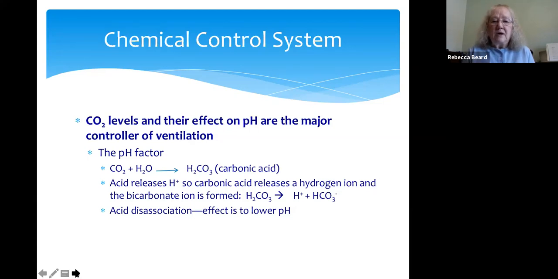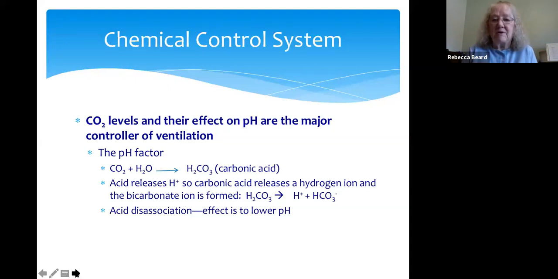So then the acid is going to release a hydrogen ion, and it's going to form a bicarbonate ion. So acid dissociation has the effect to lower the pH because a bicarbonate is a base.